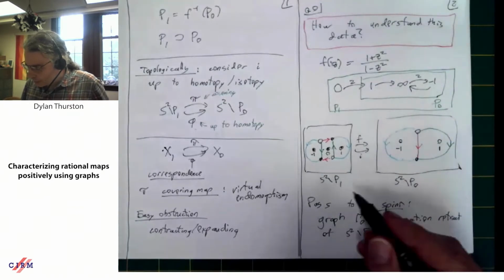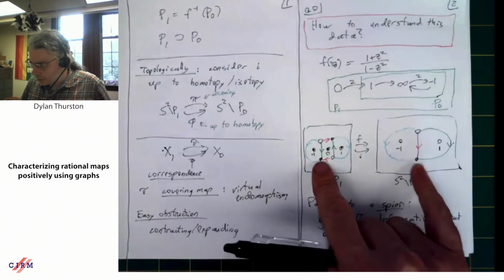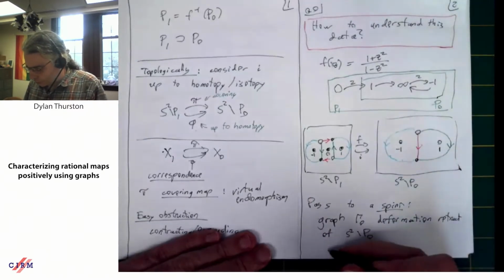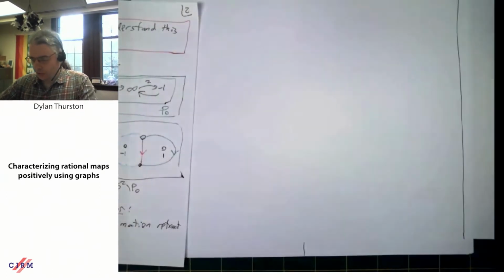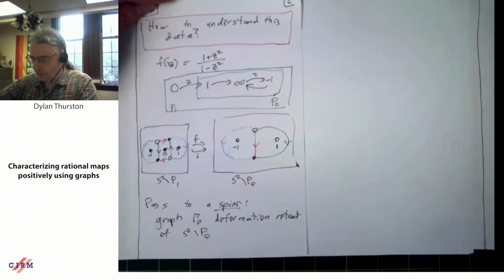Right, and so instead of trying to describe a map between surfaces, you can instead look at this map between graphs. And so what we get is capturing the data.